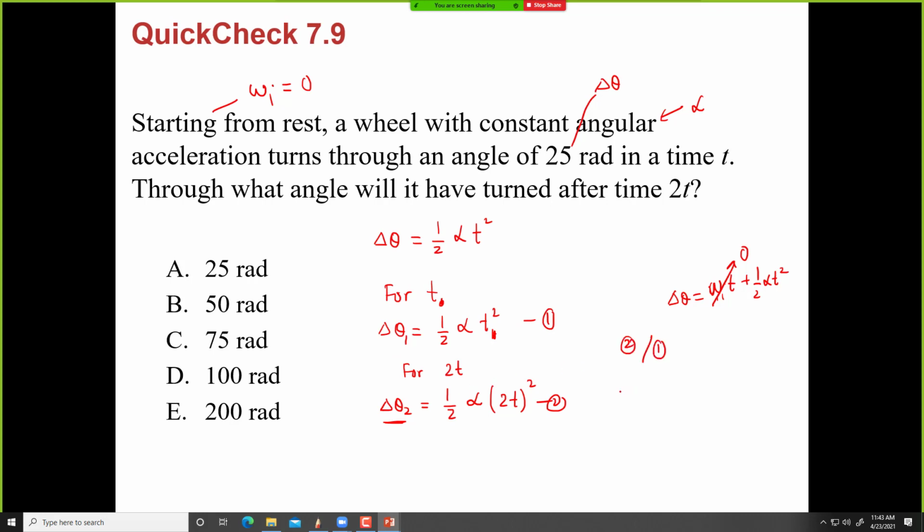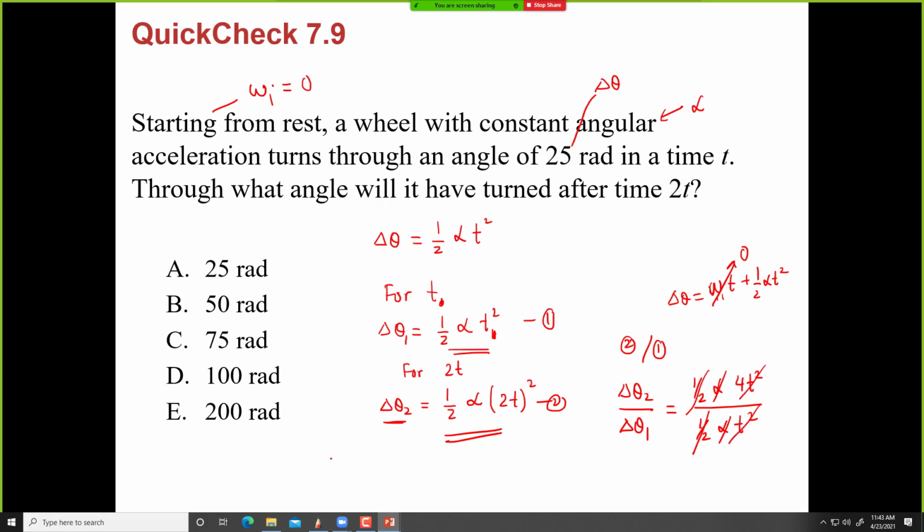Delta theta 2 over delta theta 1 is equal to 1/2 alpha 2t squared, which is 4t squared, over 1/2 alpha t squared. 1/2 and 1/2 cancel, alpha and alpha cancel, t squared and t squared cancel.